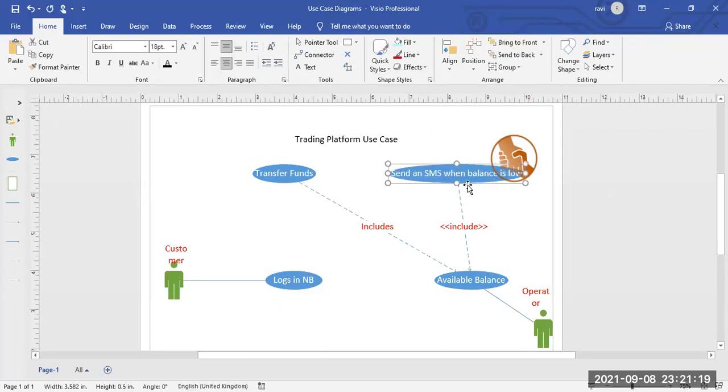Okay, so this one is an example of extends, because we send this message only when the balance is low, right? So that means it need not be executed every time. We send the message only when the balance is low. So this is a classic example of extends.